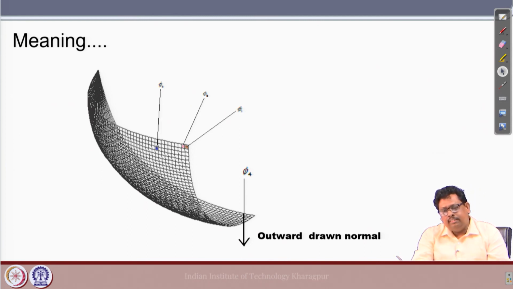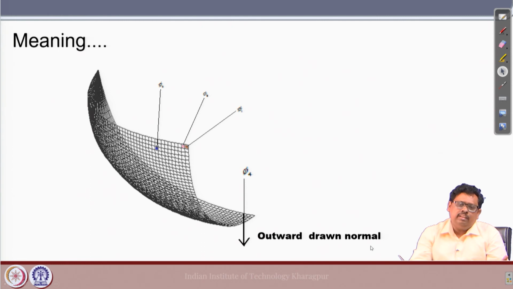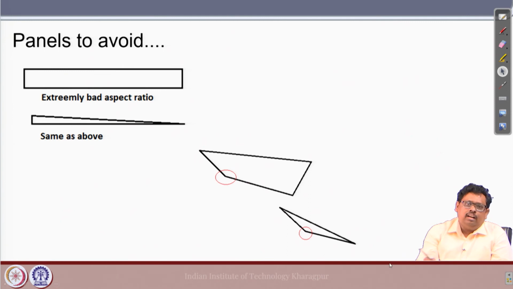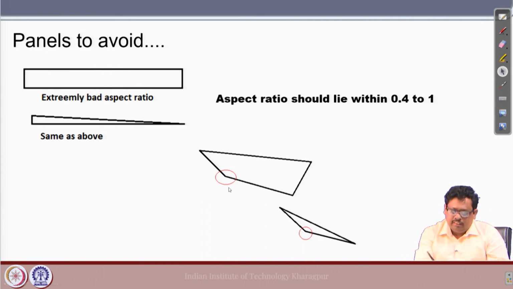Why? Because when you model it or mesh it using some commercial software, sometimes it may not maintain this orientation. Absolutely there is no problem with this. Also, again the same thing, there are panels you need to avoid, right. Panels with extremely bad aspect ratios you need to avoid, or also you need to avoid that this angle is very high, right. It is a thumb rule.